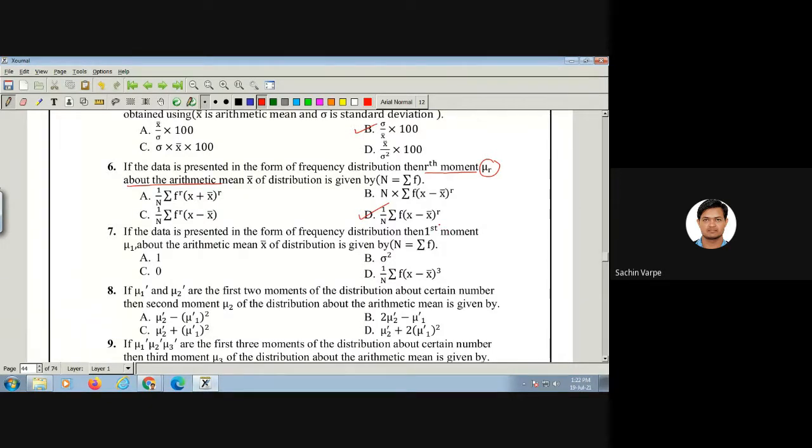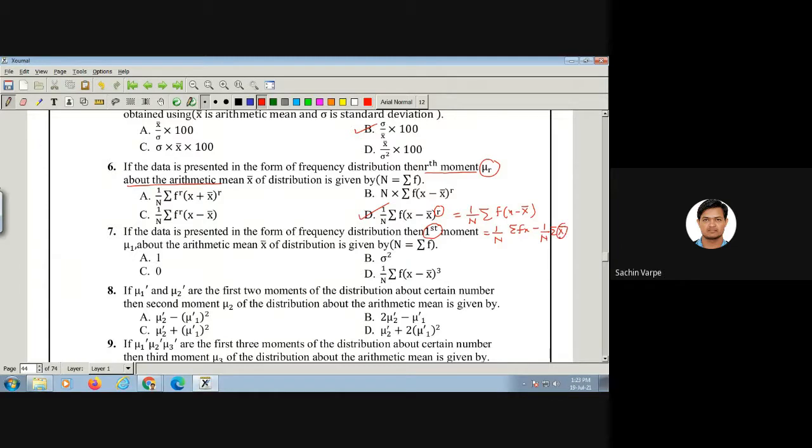And the first moment means r is equal to 0. So what is that equal to? For r is equal to 1, we can write it as 1 by n summation f of x minus x bar. When I split this summation, I'll get 1 by n summation of fx minus 1 by n into summation of x bar.